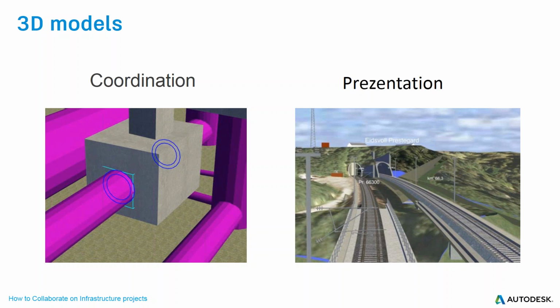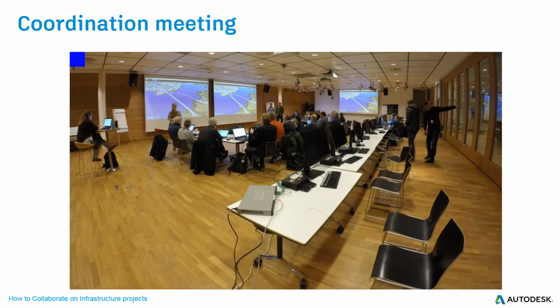First of all, for coordination and for presentation, and obviously sharing the information, sharing the data. How they were using it is just one example of how you can use this information, because if you go to a meeting where many bodies are involved, then obviously you can talk over the papers, over the drawings, and you can try to figure out what's going on and at which stage you are on the drawings.